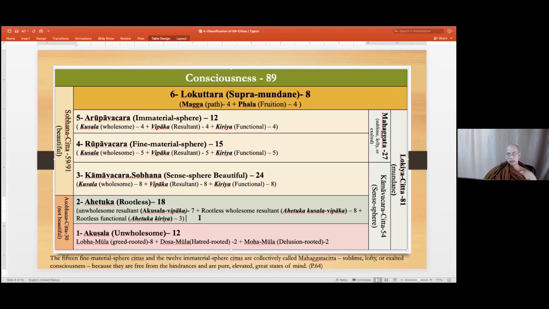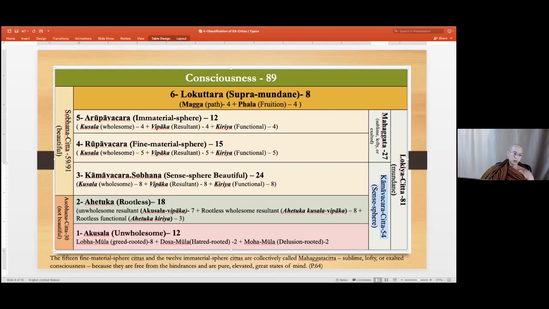That's why these ahetuka, rootless consciousness, are also regarded as not beautiful, asobhana consciousness. In number, 12 unwholesome and 18 rootless become 30 asobhana citta.